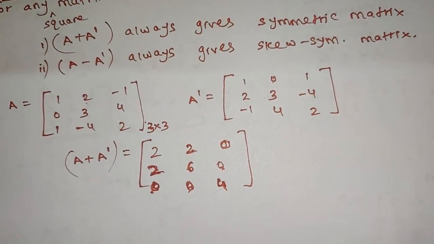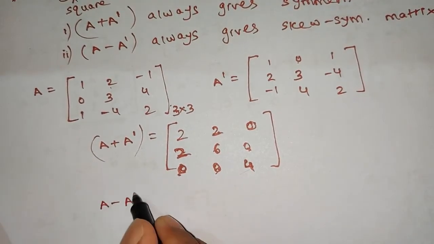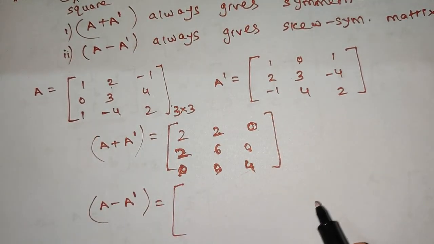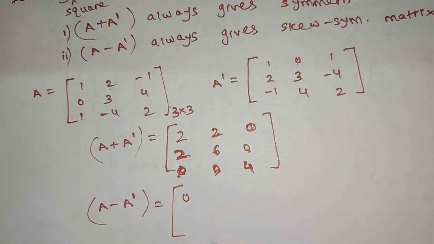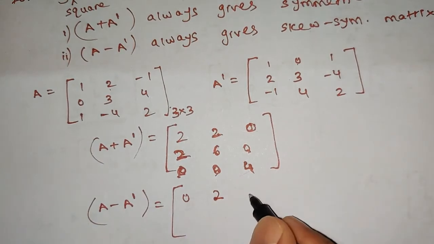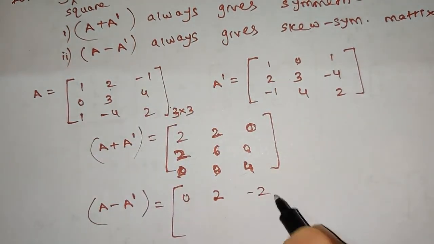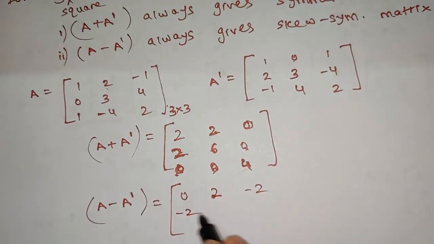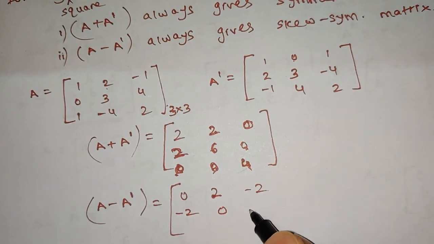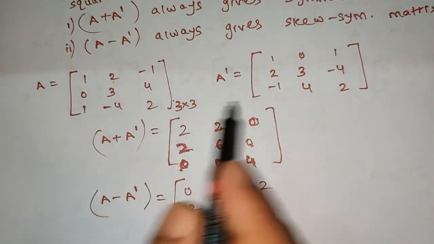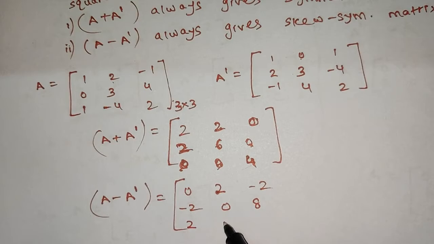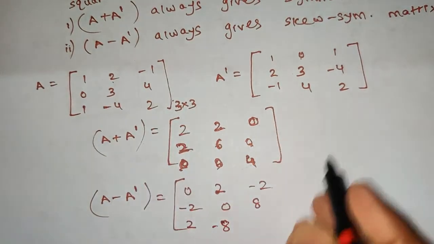So that is why this is called a symmetric matrix. Let me also find A minus A transpose here. I'll simply subtract the corresponding terms. 1 minus 1, I'm getting 0, then 2 minus 0, I'm getting 2, minus 1 minus 1, I'm getting minus 2, then 0 minus 2, I'm getting minus 2, then 3 minus 3, I'm getting 0, 4 minus minus 4, so 4 plus 4, it's 8, then 1 minus minus 1, so that will be 2, then again minus 8, and then 2 minus 2 is 0.